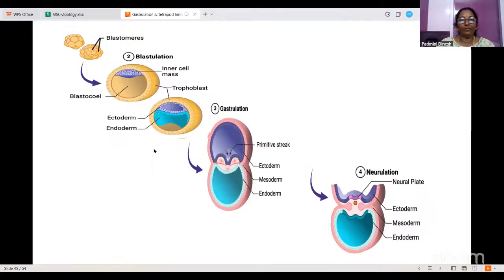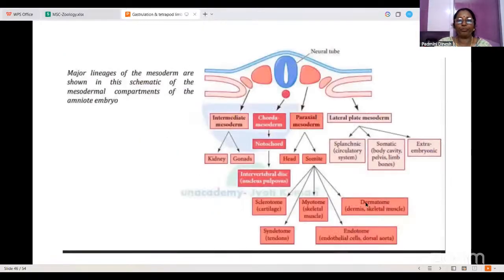So in a nutshell, what we did till now: we saw the blastomeres forming in the blastulation stage, the inner cell mass and the blastocoel, which undergoes the gastrulation stage, and gastrulation gives rise to three layers: ectoderm, mesoderm, and endoderm. After that you have neurulation, where you have the neural plate formation, and the ectoderm, endoderm, and mesoderm.